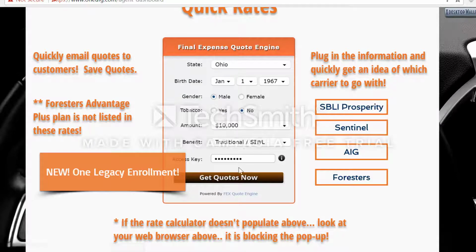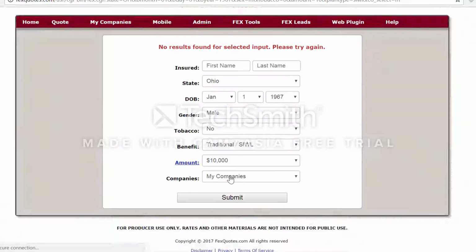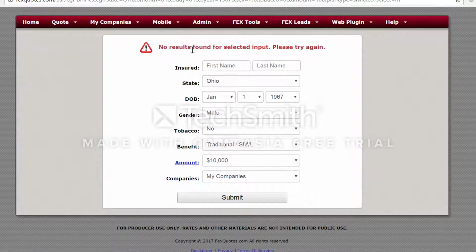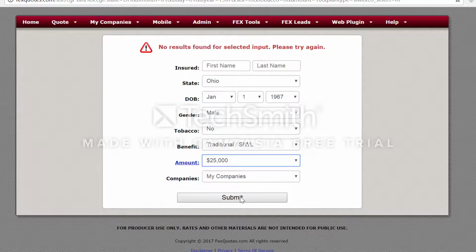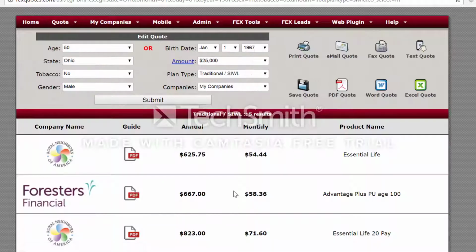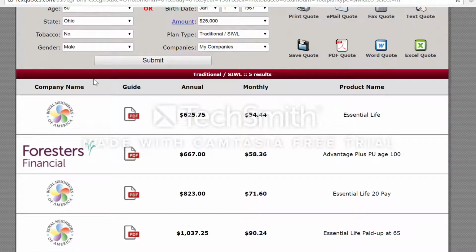Now watch, if I select that and I do 10,000, I click on Get Quotes Now, no results were found. Now watch, if I do 25,000, now all of a sudden you've got Foresters and Royal Neighbors.